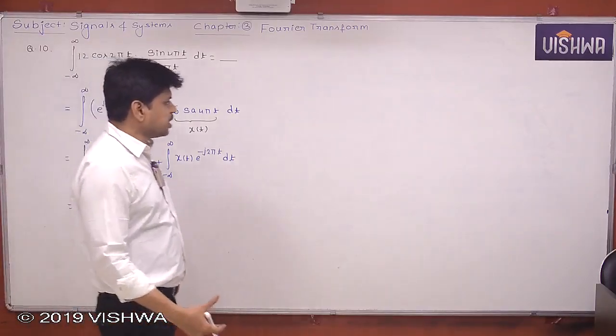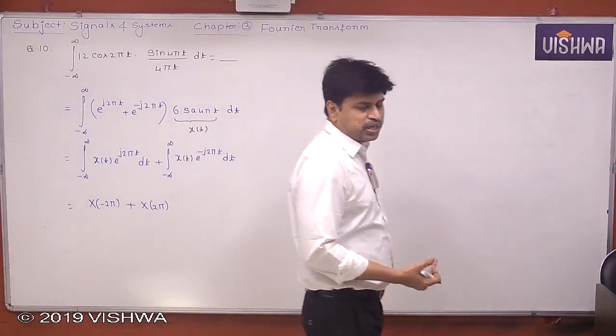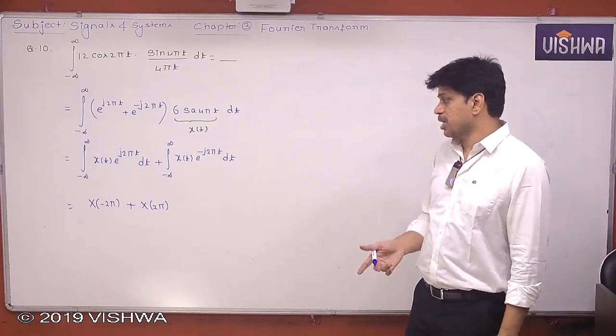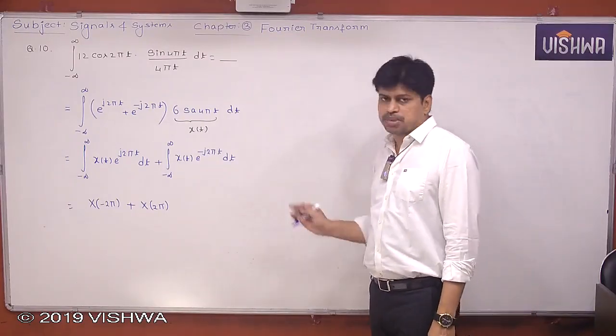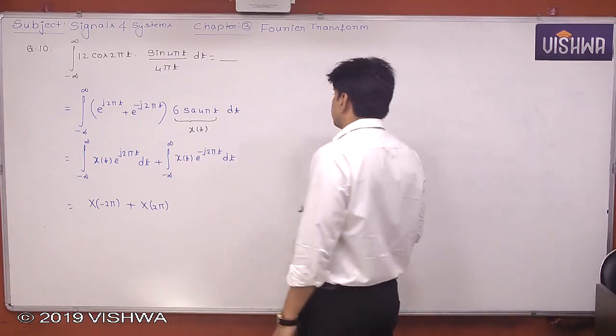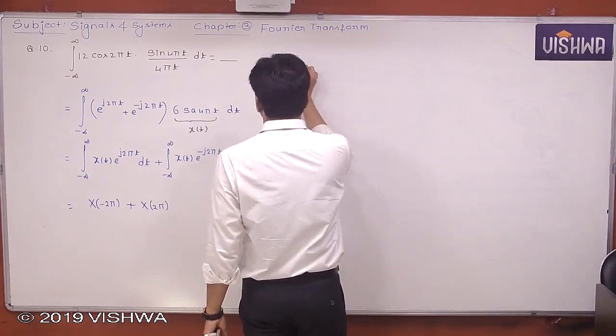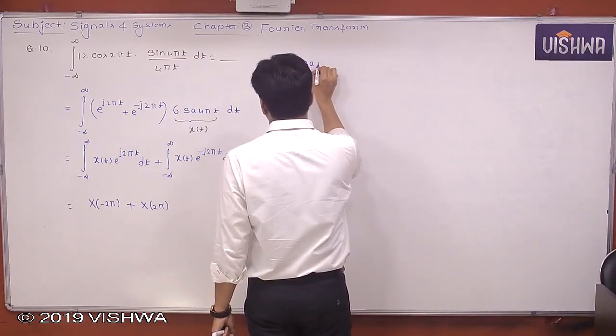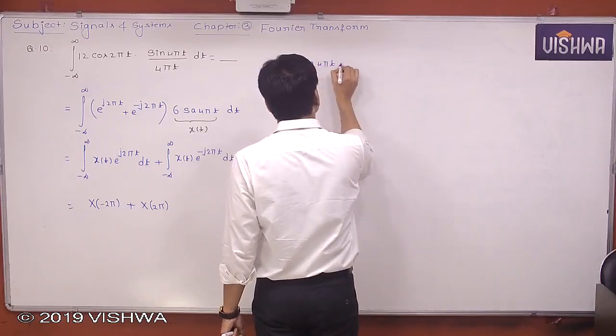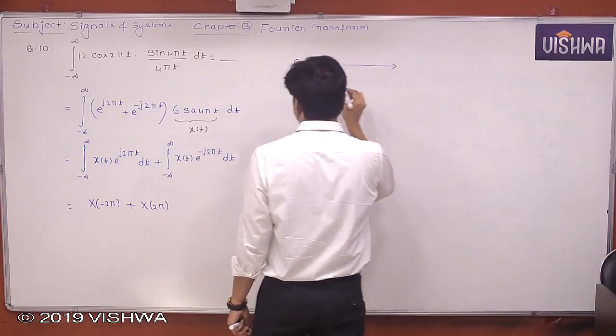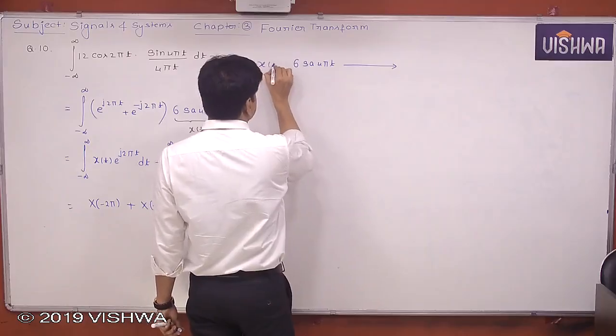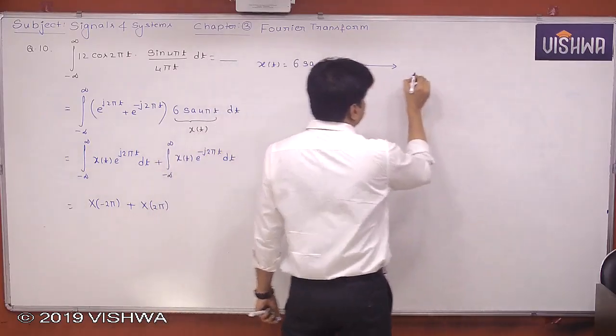Now we have to calculate what is X of omega, that is, the value of X of omega at minus 2 pi and plus 2 pi. For that, first let's see 6 sampling 4 pi t. Let's call it x of t. Then what is X of omega?